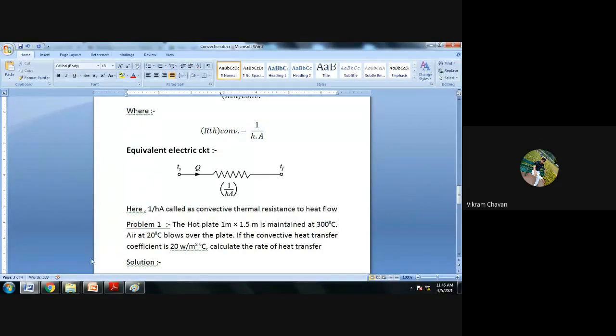Air at 20 degrees Celsius blows over the plate.